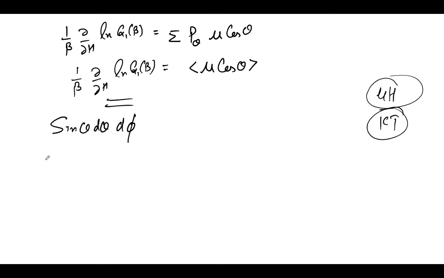So the value of this modified partition function q1(beta) we can represent as follows.